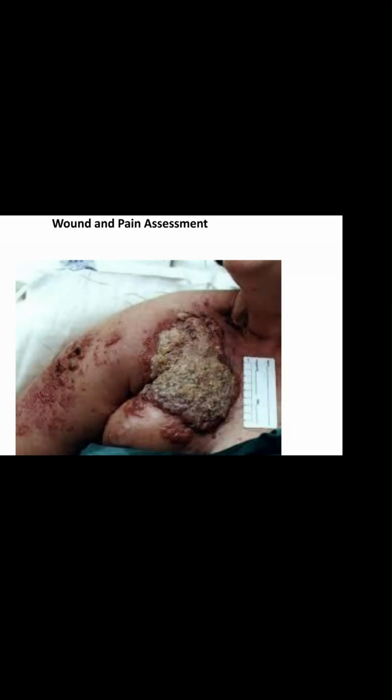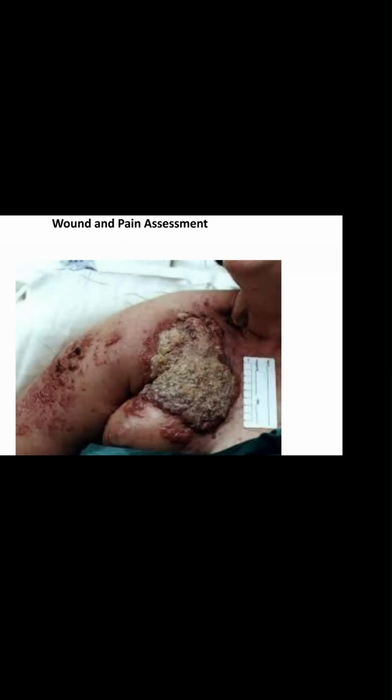Okay. Here you can see the surrounding skin. You can see small nodules around the wound, some rashes, some erythema, like pimples, happening in the surrounding area of the affected wound.